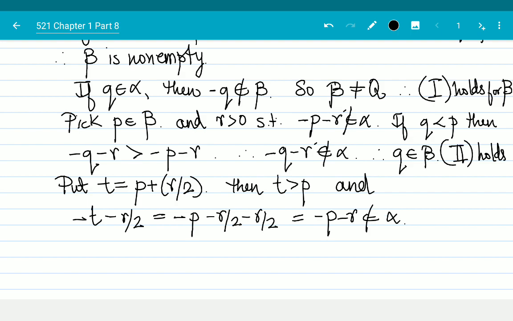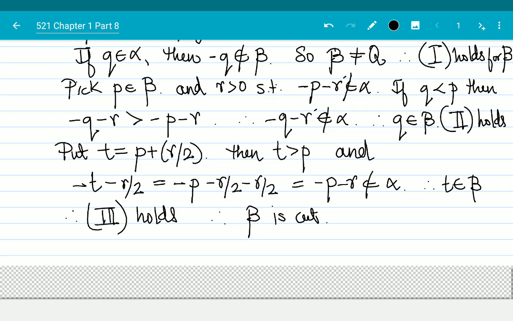So I have found a bigger element, therefore t belongs to beta. So I found a bigger element which is in beta, therefore 3 holds, and therefore beta is a cut.